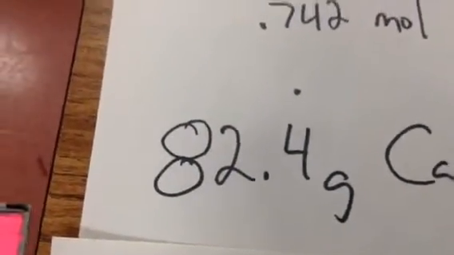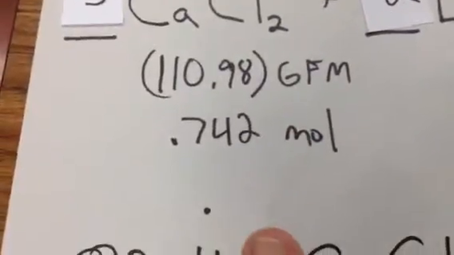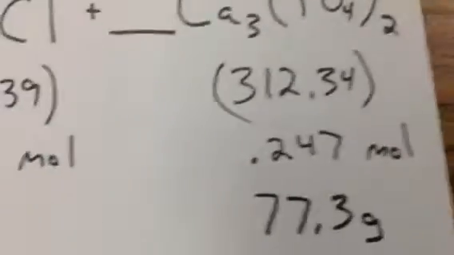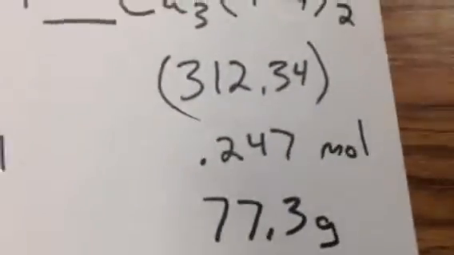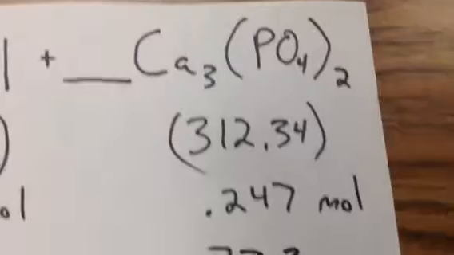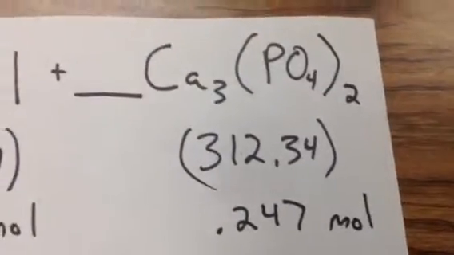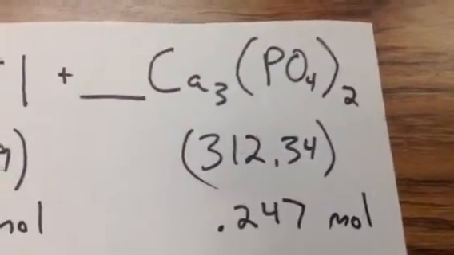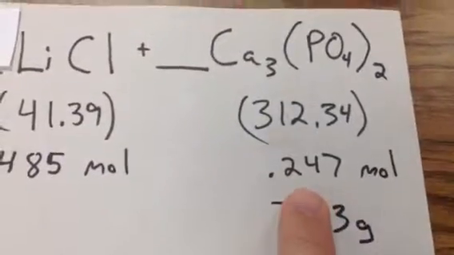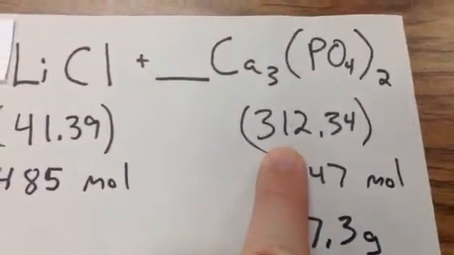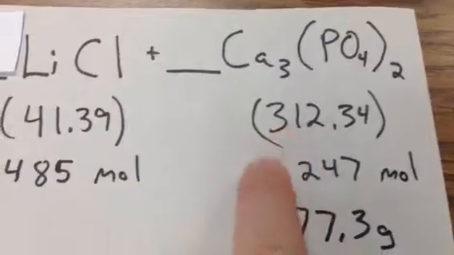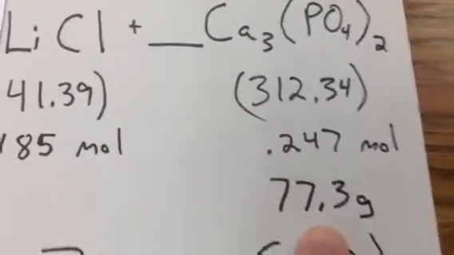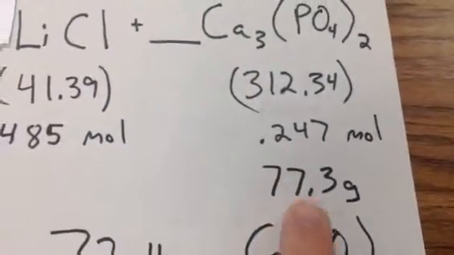So they told us we got 84.2 of this. That's how I figured out the moles. Okay, and then because of our balanced equation, I can figure out the moles for this side over here, 0.247. So I know the GFM and I know the moles, so if I want to calculate the grams, I just multiply the 0.247 times the GFM, and that gives us the calculated grams that we should have.